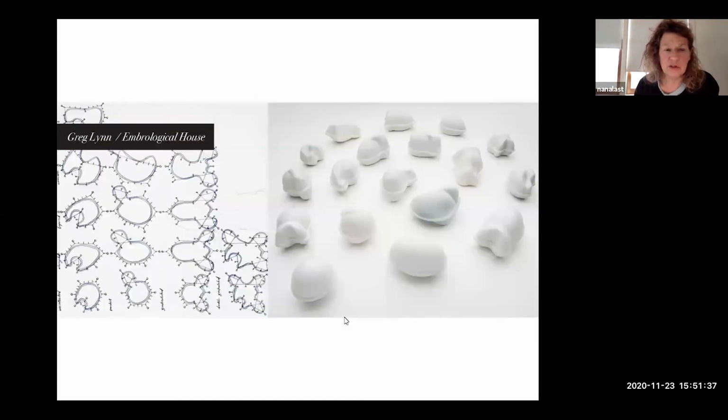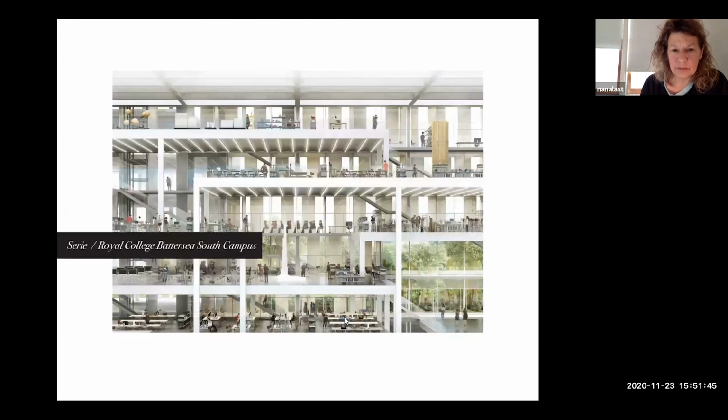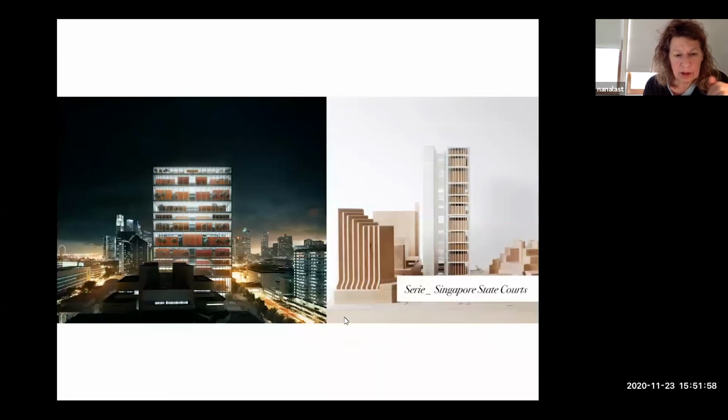So we have a range of things that fall into this category, including Greg Lynn's embryological house, the work of FOA and phylogenesis. And then there's a sort of later stage that isn't other models, but is directly built on current issues of typology and some current practices.